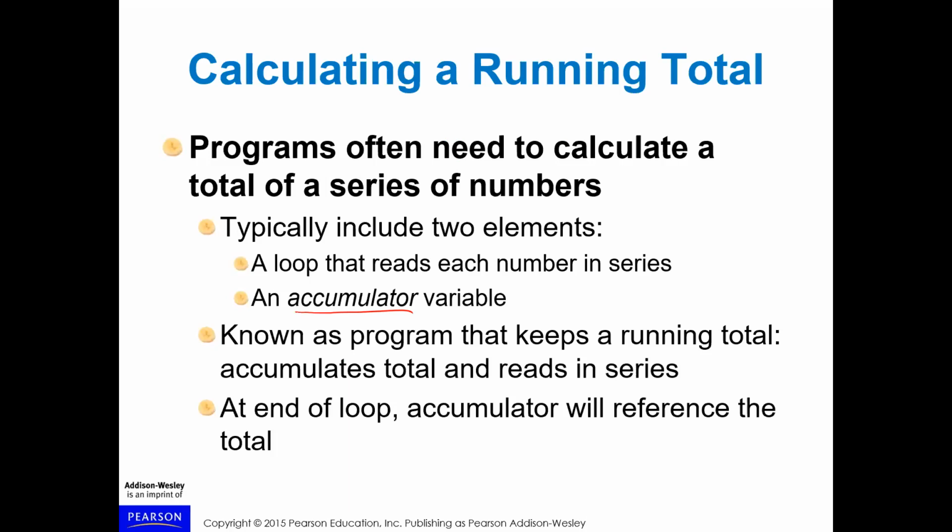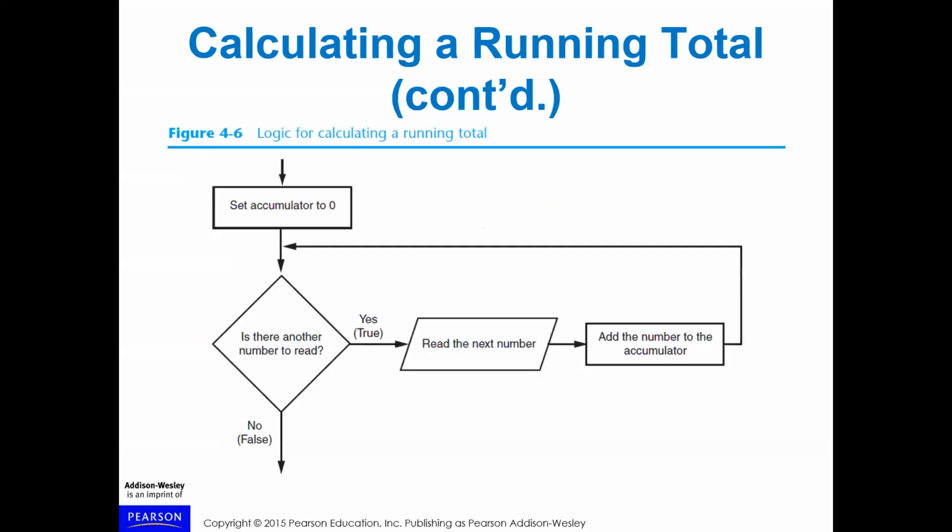So programs often need to calculate a total of a series of numbers. It's very common. So this will include two elements: a loop that reads each number in series, and then an accumulator variable. So it's a program that keeps a running total and accumulates the total and reads in a series. All right, and then at the end we just print out the results.